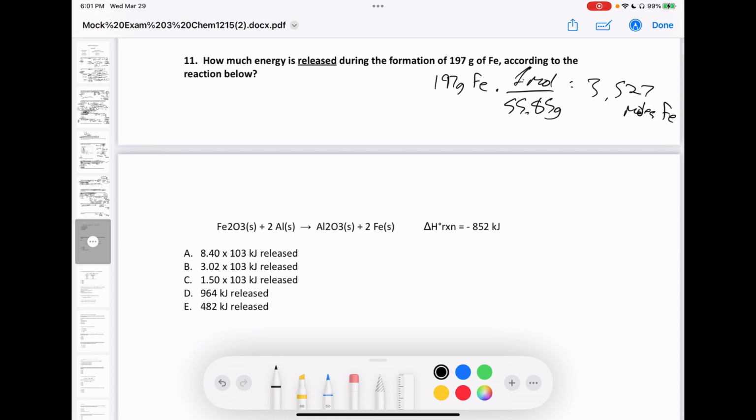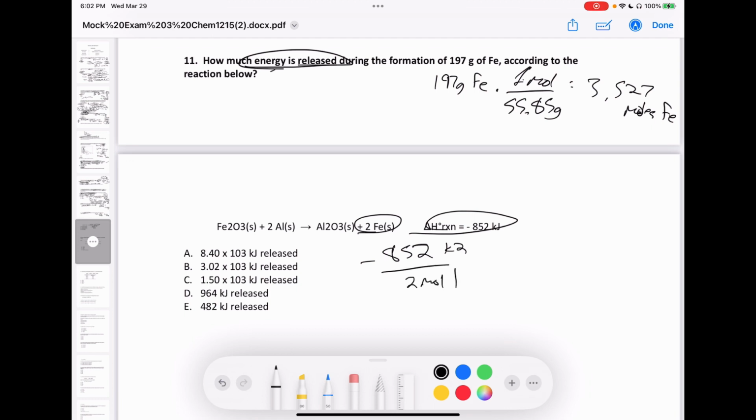So the question asks for how much energy is released. We know that for every 2 moles of iron that are produced, this much heat is released, and we can set this up as negative 852 kilojoules per 2 moles Fe.